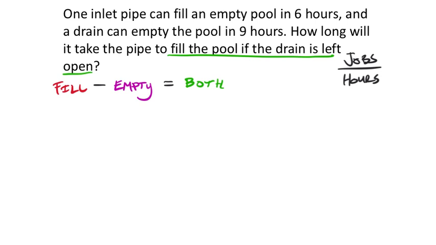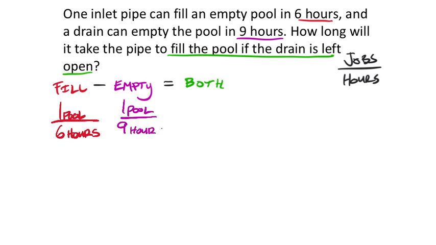Now, these fractions are going to be shown in jobs per hour. So I know filling this up, I can fill one pool, and it's a ratio, one pool in 6 hours. But then you can empty it in 9 hours, so emptying the pool, again, you can do one pool, empty it completely in 9 hours. If you take the filling and then subtract the emptying, then you get both.